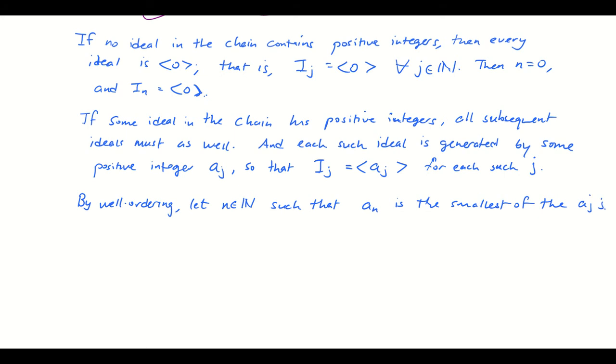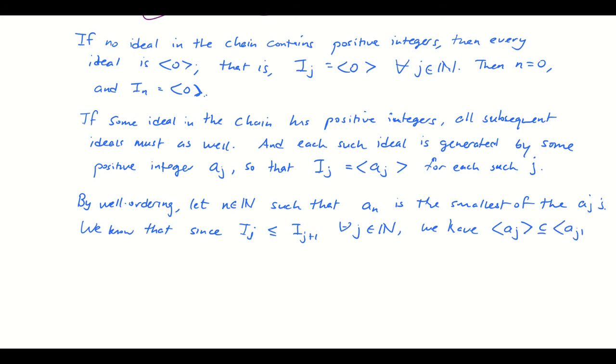And once we do that, we know that since I sub j is included in I sub j plus 1 for every j, we have that, and I'm just translating into the principal ideal notation, the ideal generated by a sub j is a subset of the ideal generated by a sub j plus 1 for all j.